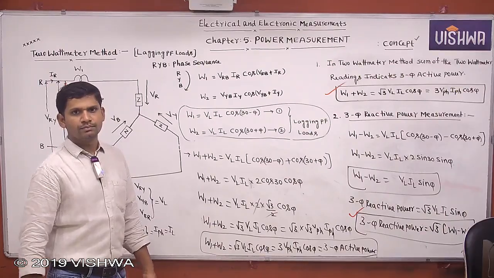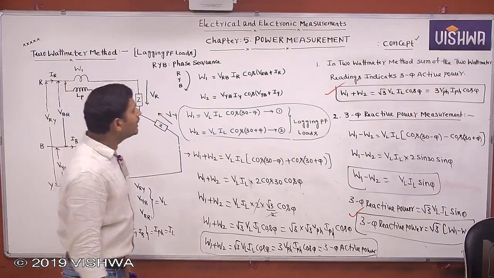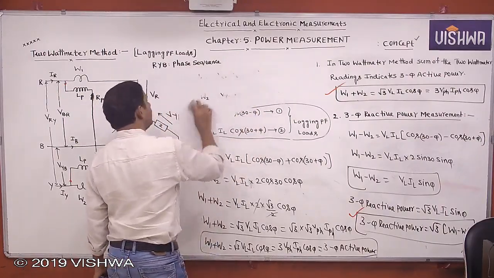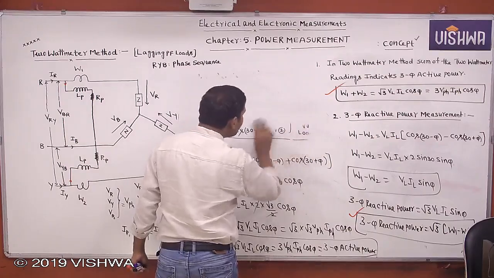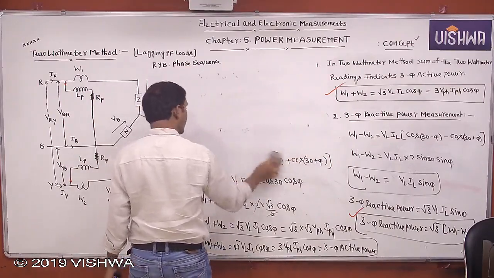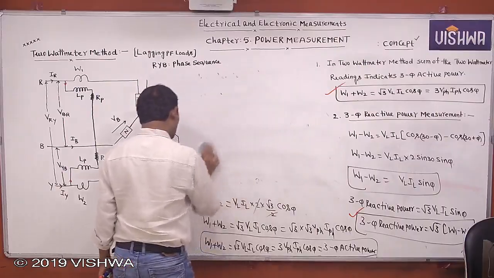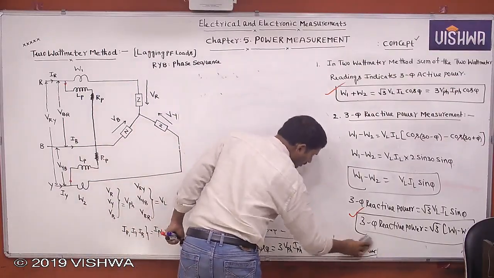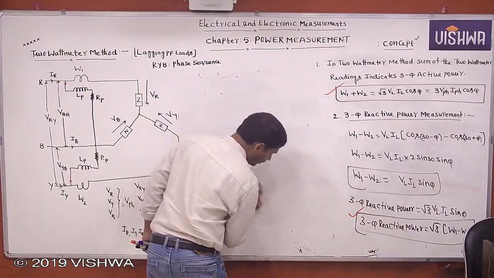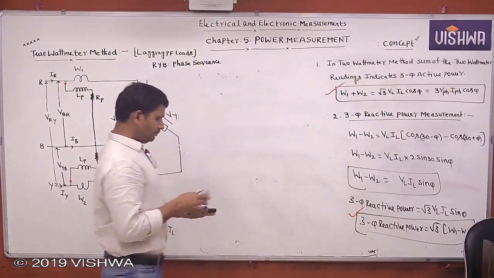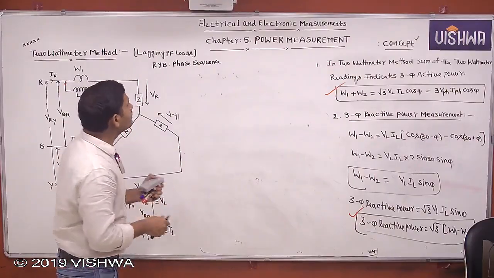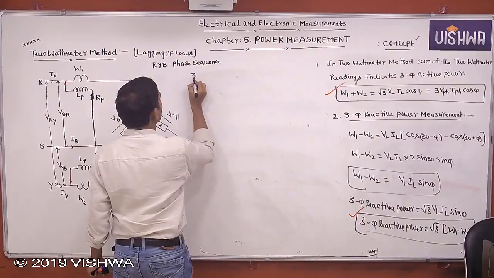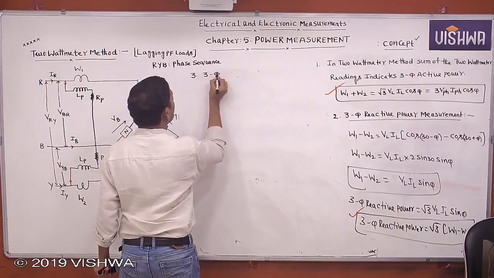Then by using the 2 wattmeter method, not only the active power and not only the reactive power, you can also calculate the apparent power. The third one is the 3-phase apparent power.